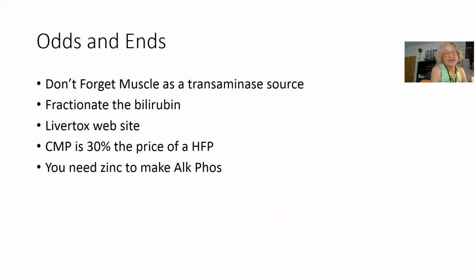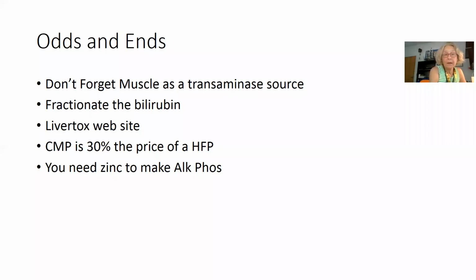You need to fractionate the bilirubin to tell if it's hemolysis or really a liver problem. I also wanted to point out there's a website that if you Google liver tox, it's by the NIH, and you can look up most drugs and it will tell you what their liver toxicity is, give you references, give you expected courses and examples, and it's incredibly helpful.